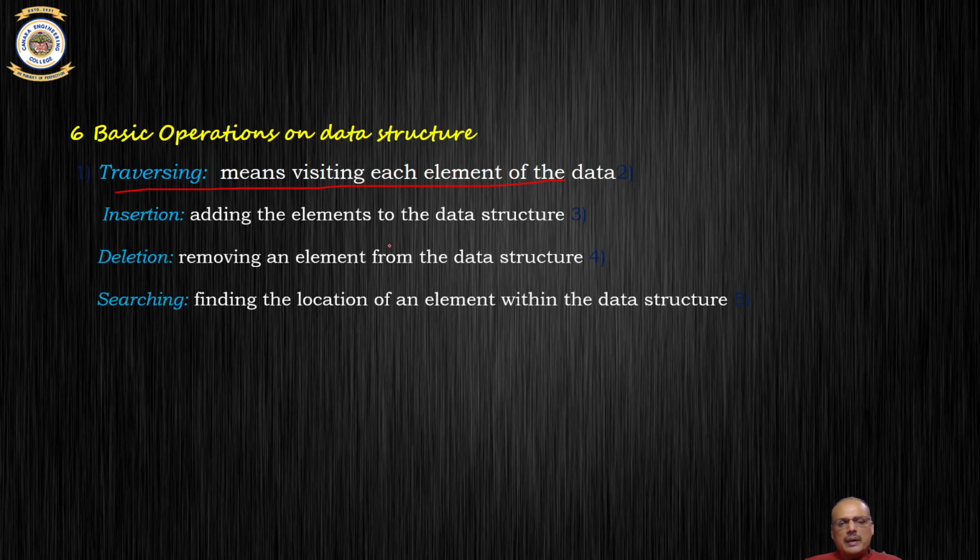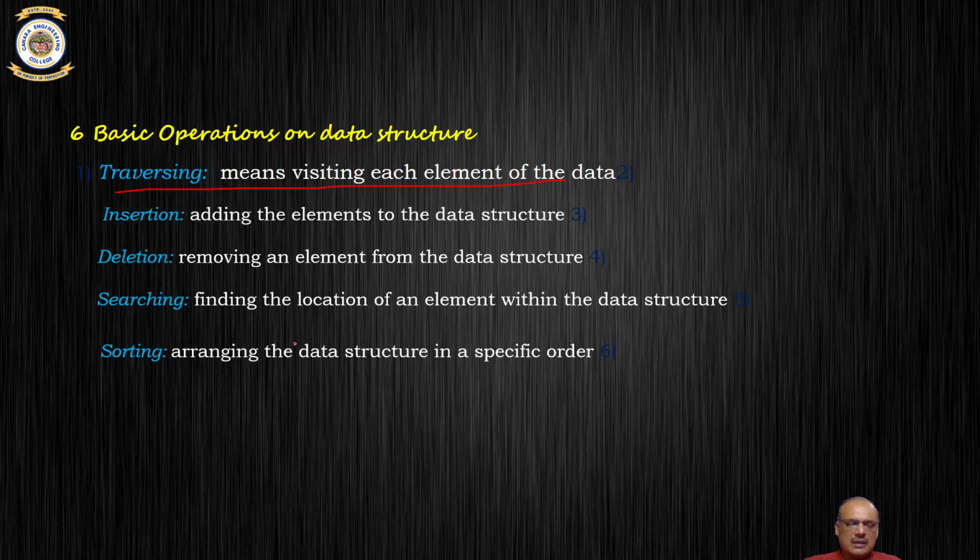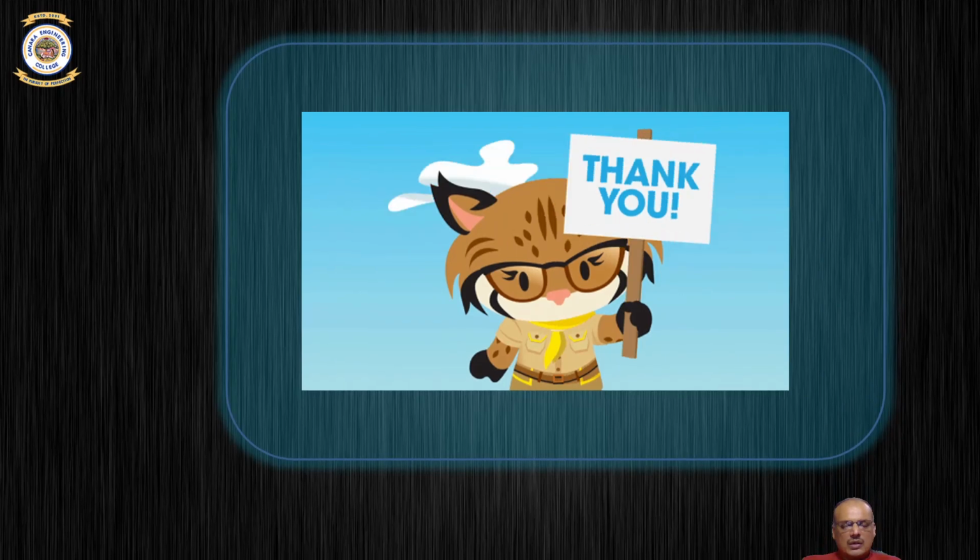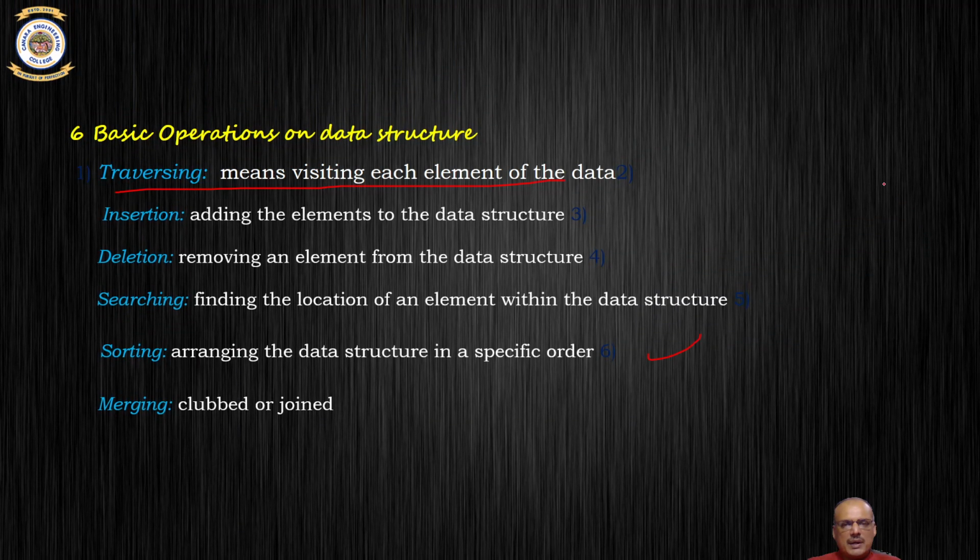We should be able to search for a particular element present in the given data structure. We should be able to sort or arrange elements in a very specific order for the data structure. And merging: we should be able to merge or club multiple data structures of a similar type in order to make it more helpful. Those were the 6 basic operations that these data structures need to support.